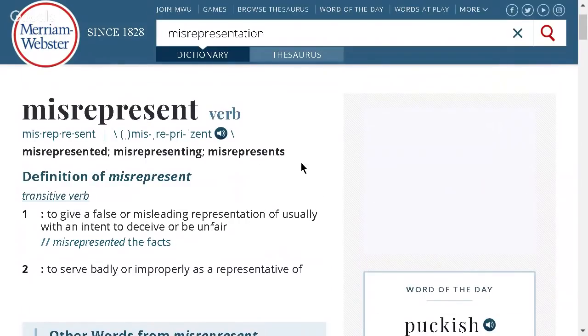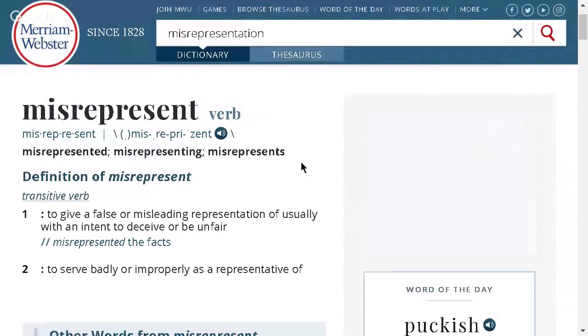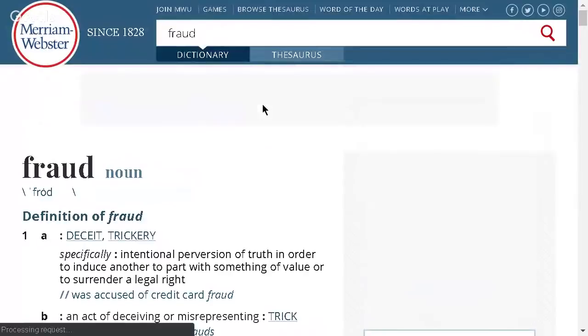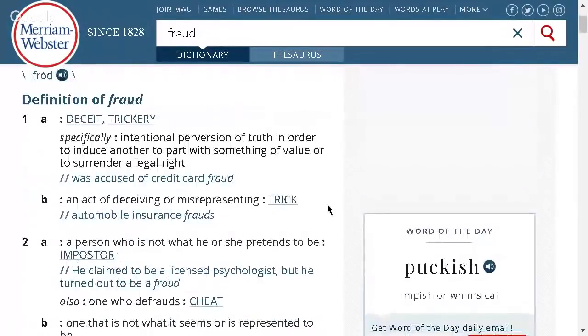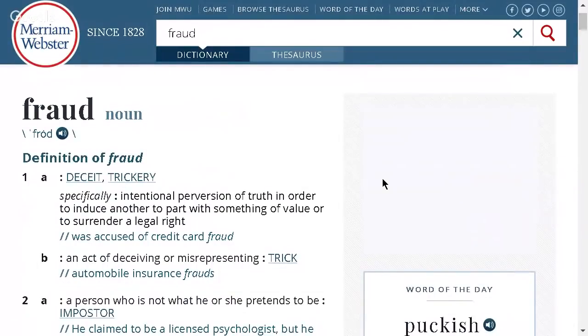Or let's say you are just incorrect about carbon dioxide's effects on the atmosphere or lack thereof. That's very different from fraud. Fraud is when you do it on purpose. So there's a difference between a lie and a mistake, and that's the difference between fraud and misrepresentation.